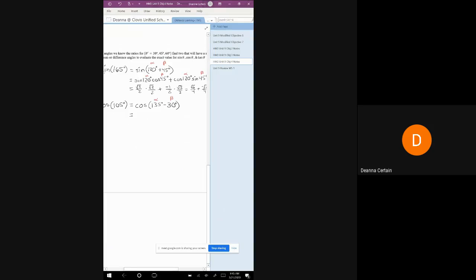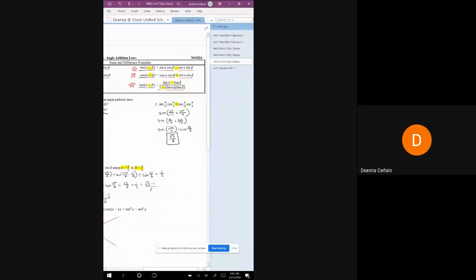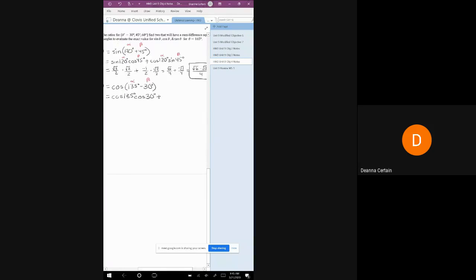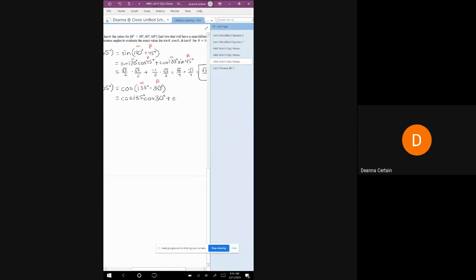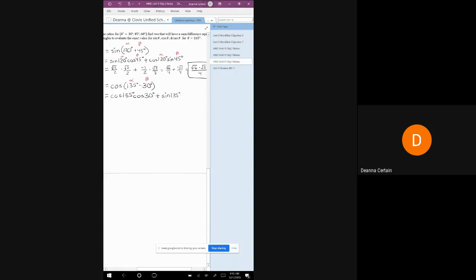So we have cosine of 135 degrees, cosine of 30 degrees, and then plus, because with cosine your sign changes. Alpha minus beta has a plus in the middle. So plus sine of 135 degrees, sine of 30 degrees.